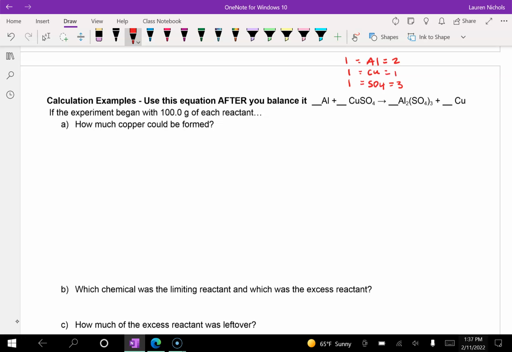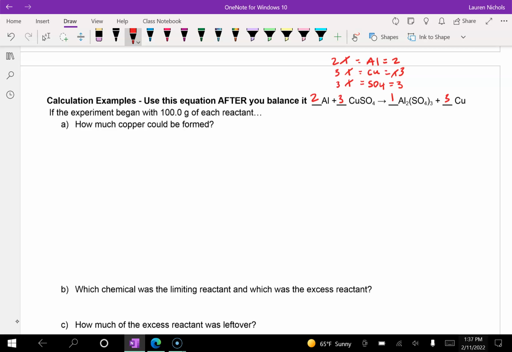So to balance this out, if we balance aluminum first, we'll need 2 here, and that will give us 2 aluminums on the reactant side to balance. To balance our sulfates, we're going to need a 3 here to have 3 sulfates, and that also gives us 3 coppers. So we'll need 3 coppers on the product side to balance out, and that means the coefficient for aluminum sulfate is just 1.